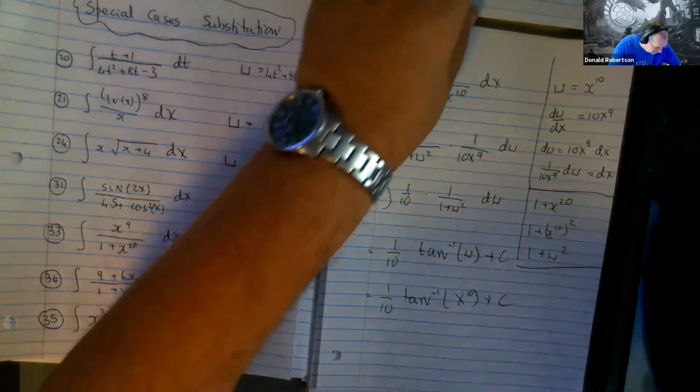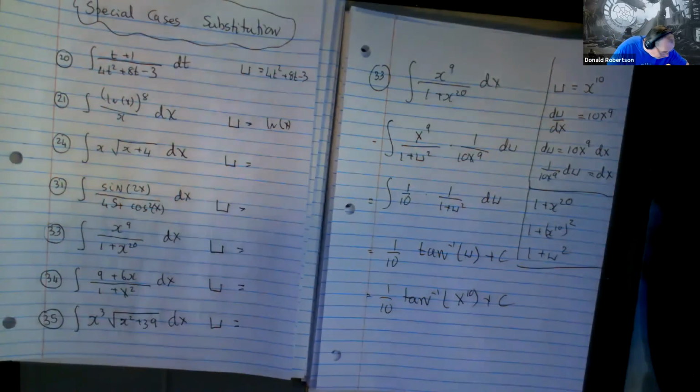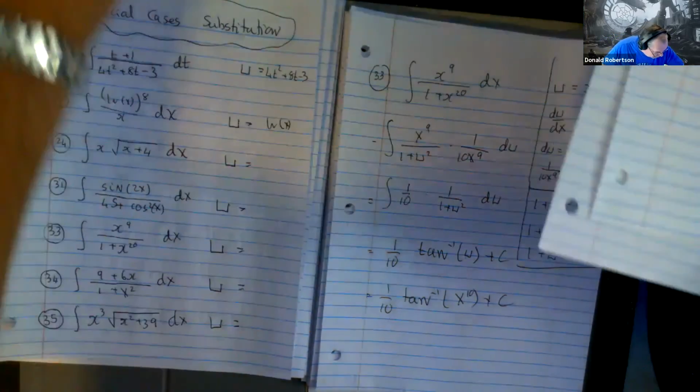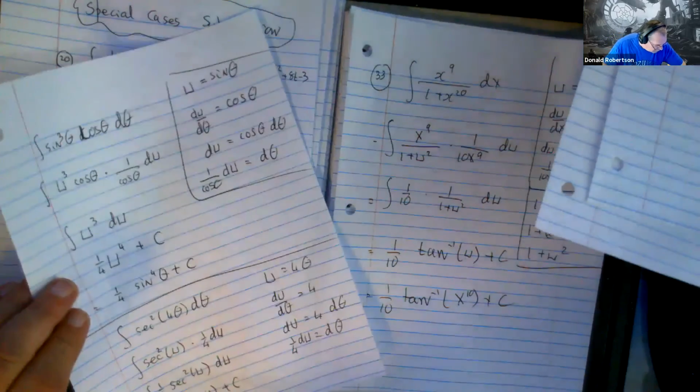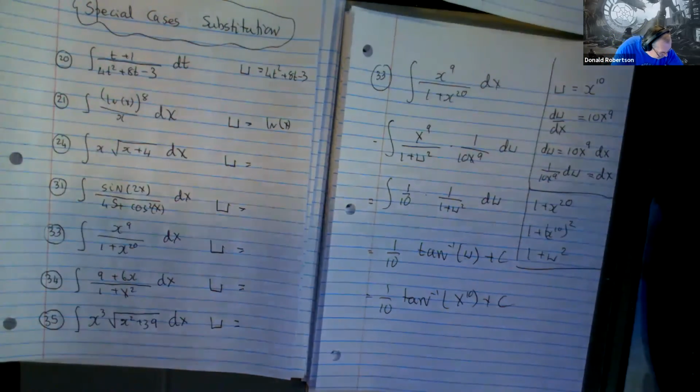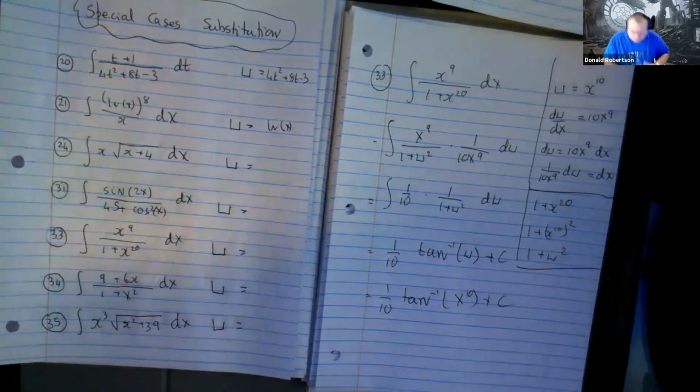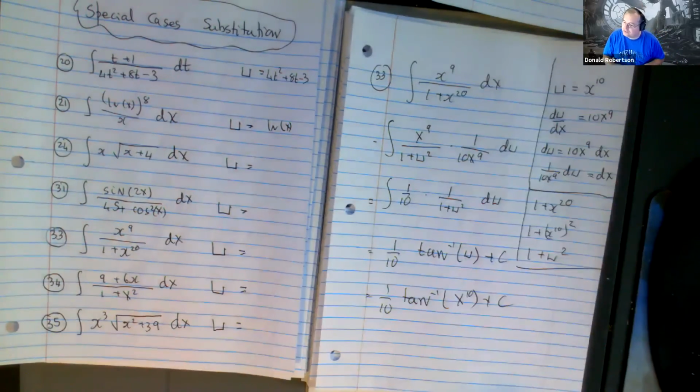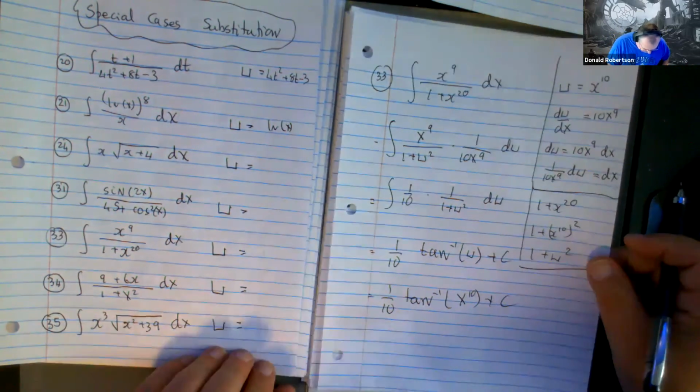Now, if I could find my little guy, which I probably threw away. Yeah, that's unfortunate. Should have kept that. Do you know that table I had with all the standard integrals? If you read them from right to left, you've now got all the standard derivatives. That table can be used in both directions. That might be something you want to have a little practice of.